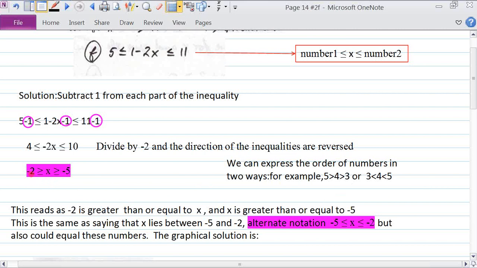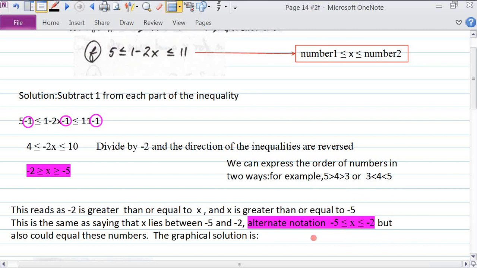Now in this order, just to show you what I'm doing here, I can express this in a slightly different fashion. In this particular sense, we've written 5 greater than 4 greater than 3. We've gone from the highest number to the lowest number in this inequality. But we could reverse the inequality and say 3 is less than 4 is less than 5.